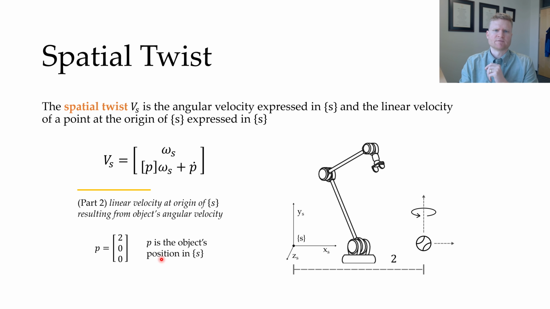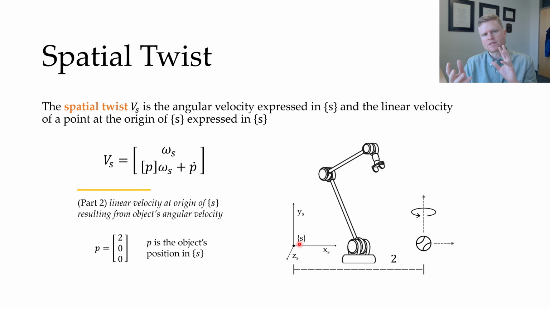But now we have to add the bit of the challenging part, right? So let's say p is a vector from frame S to the coordinate frame that we're looking at, in this case, the tennis ball. So p is going to be the position of this tennis ball within the spatial coordinate frame.